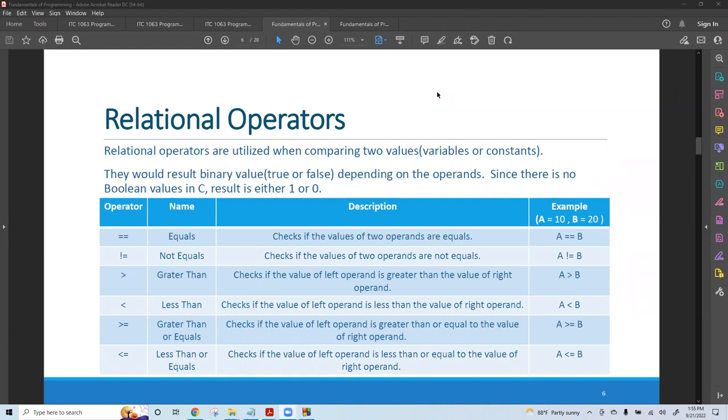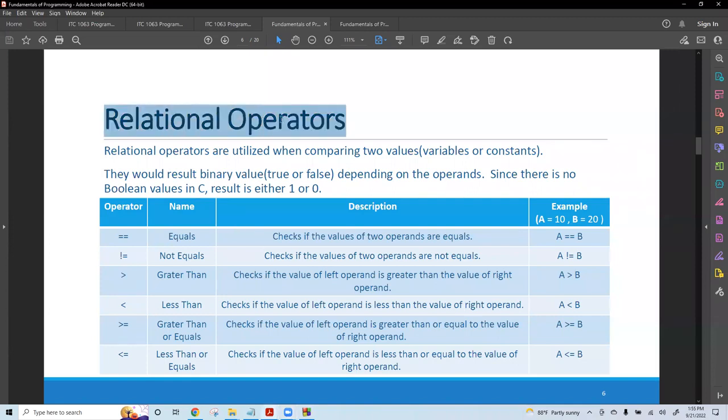Operations are performed on operands. So relational operators are binary, remember that. Okay, so let's see what relational operators are.